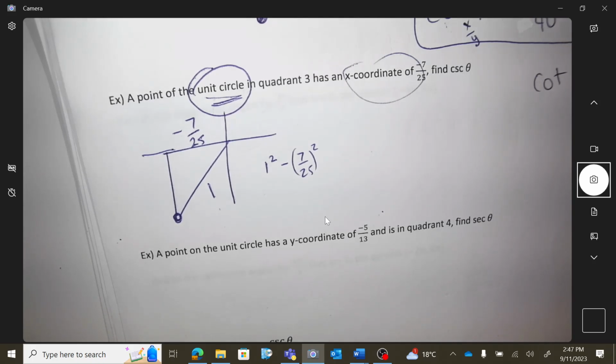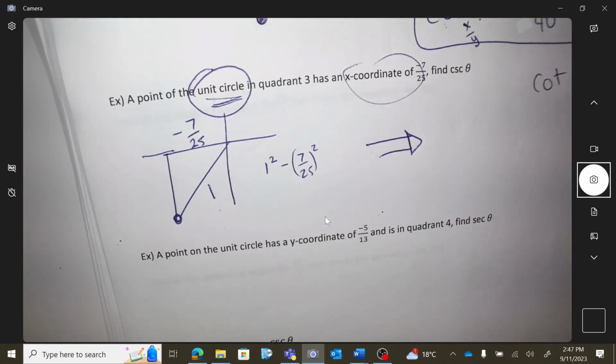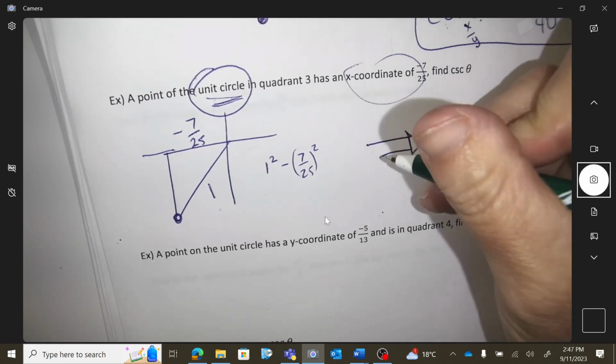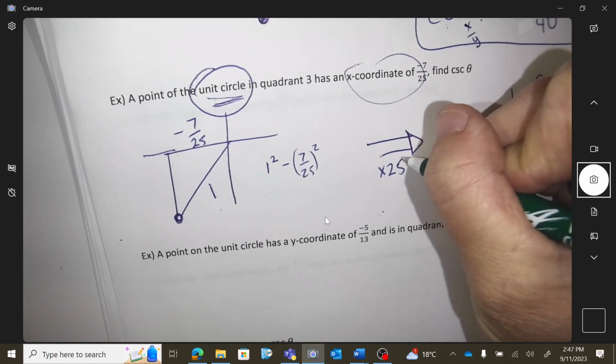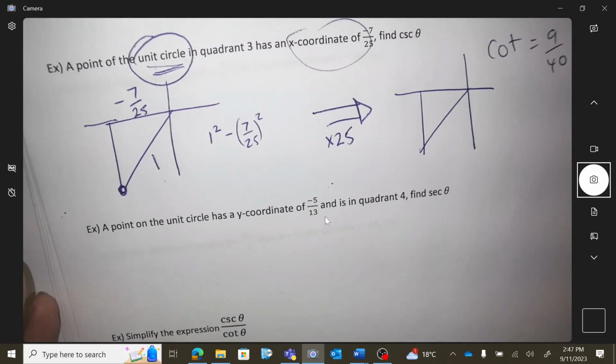Or I can make your life easier. Do you know when you're working on a computer and you blow up something, like drag it and make it bigger? That's what I'm going to do. I'm going to make this 25 times bigger. I'm going to blow it up.